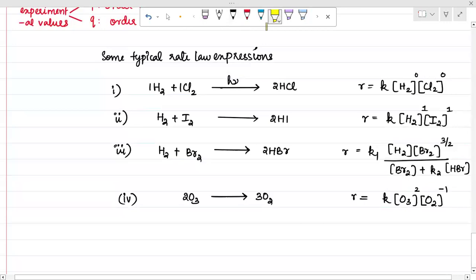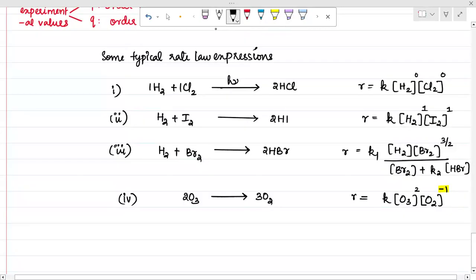The order of the reaction with respect to ozone is 2, while the order of the reaction with respect to O2 is negative 1. So this is a case where in the rate expression, it's not only the reactant which is present, there is the presence of oxygen also. Situations like this can also happen. Okay, so these are all complex examples 3 and 4.